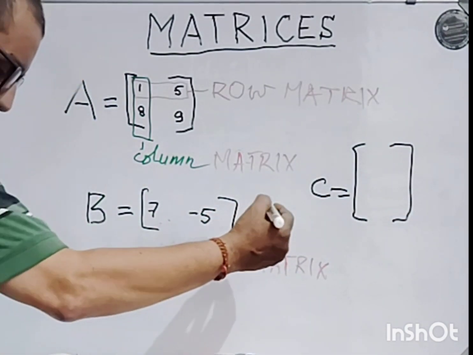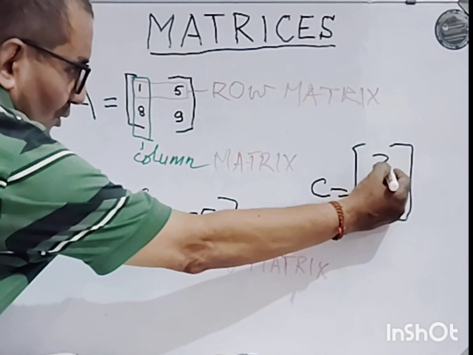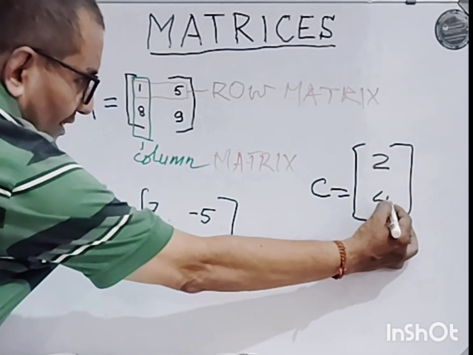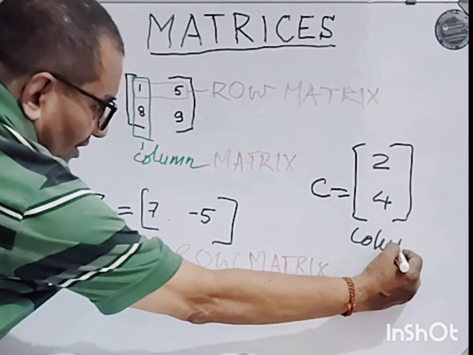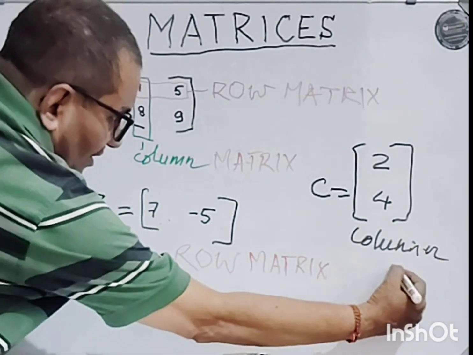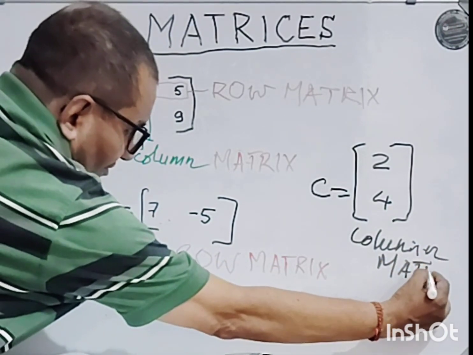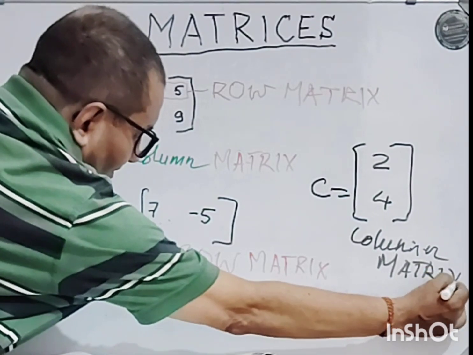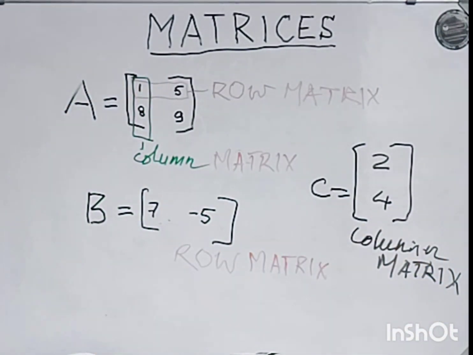Any numbers you take, 2 and 4. This is called a column matrix.